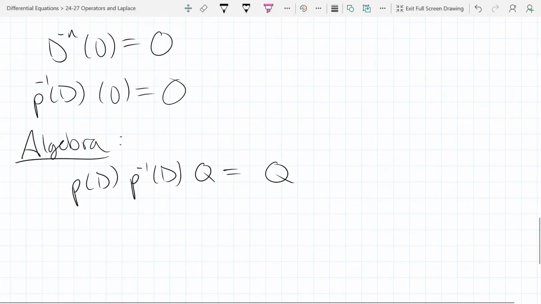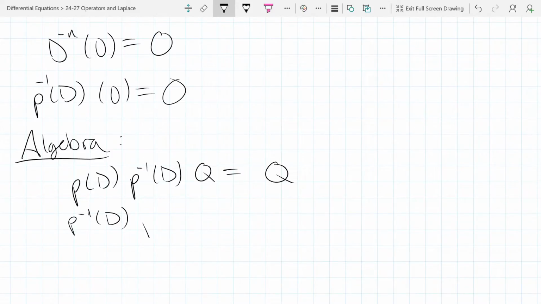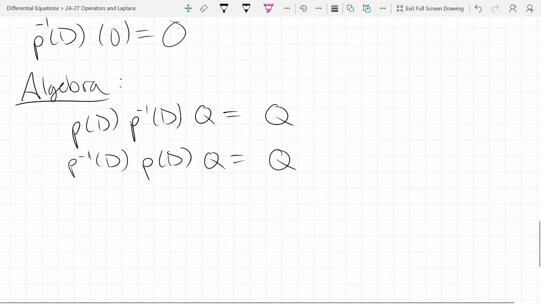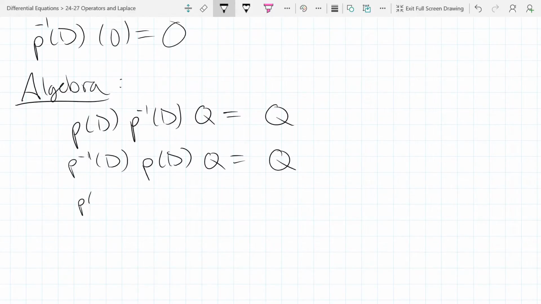And likewise, if I did the other order, what should this equal, if things make sense?